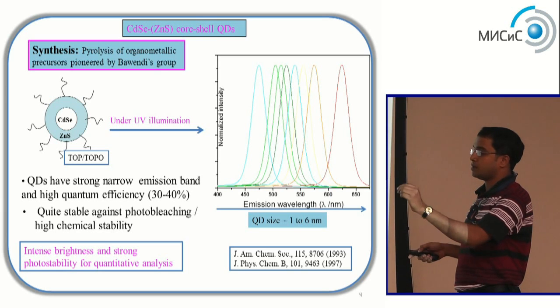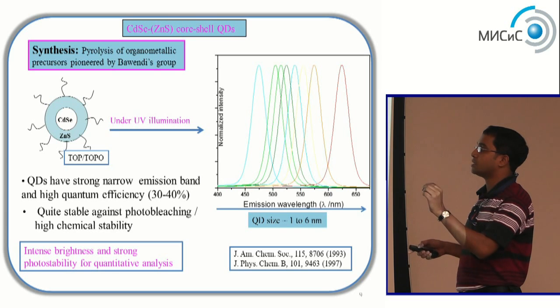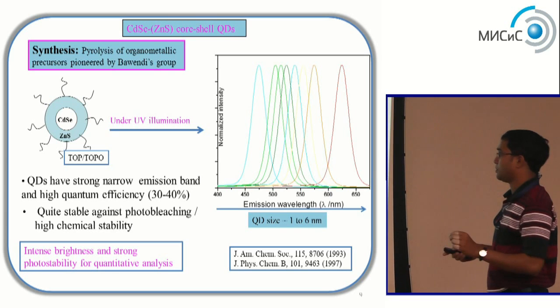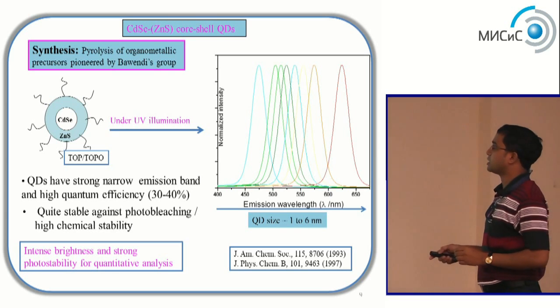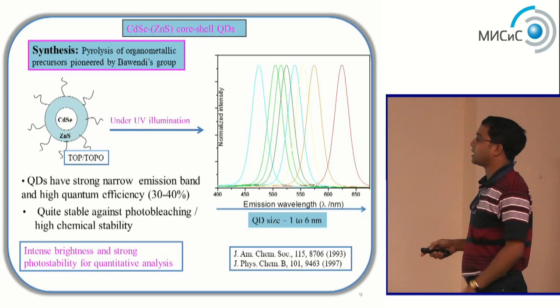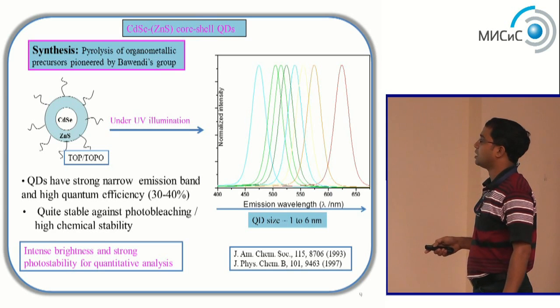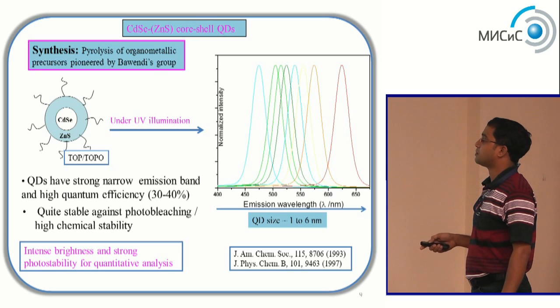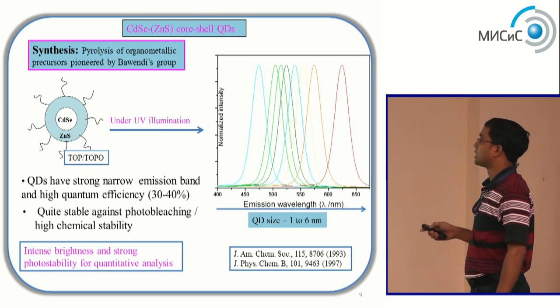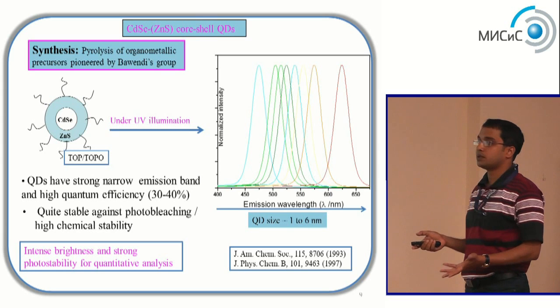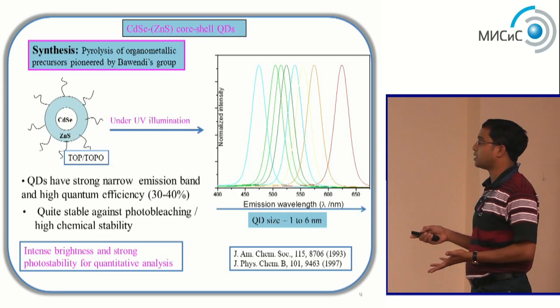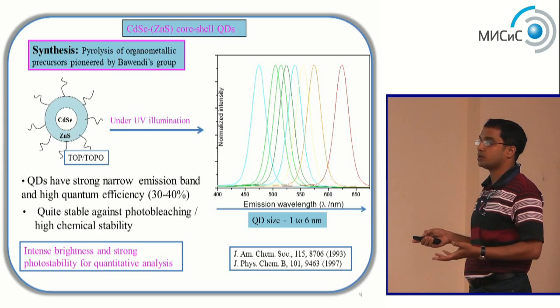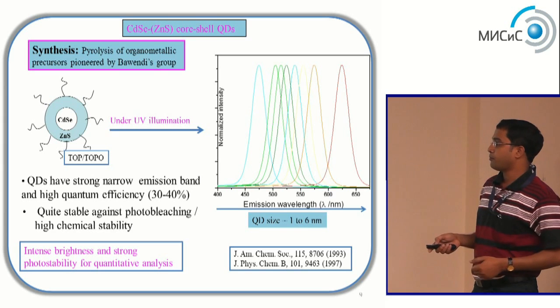If you irradiate it with UV light, under UV illumination it shows a wide range of spectra, the first region is 475 up to 625. So it contains the whole region of spectrum, from 475 to 625. So as your biological demand needs, you can use this spectrum according to your biological samples.